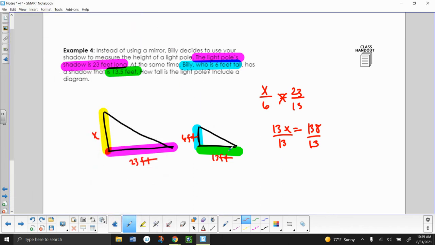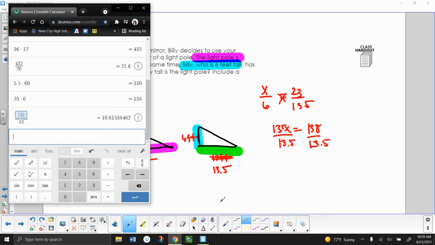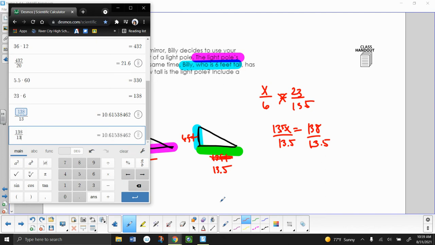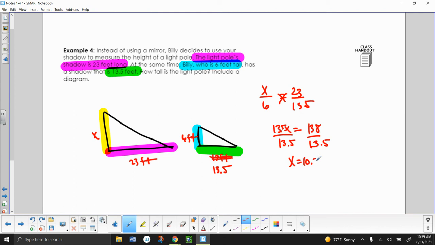Oh, it's 13.5. Oops, sorry. This should be 13.5. My number seemed off a little. So again, 138 divided by 13.5. There we go, 10.22. So I'm going to say the light pole is 10.22 feet tall.